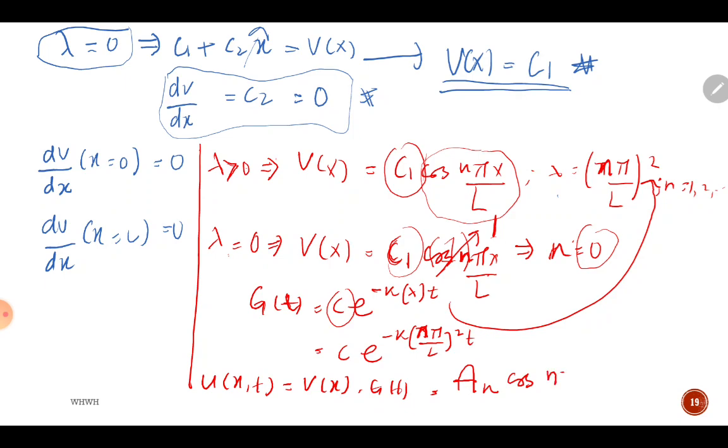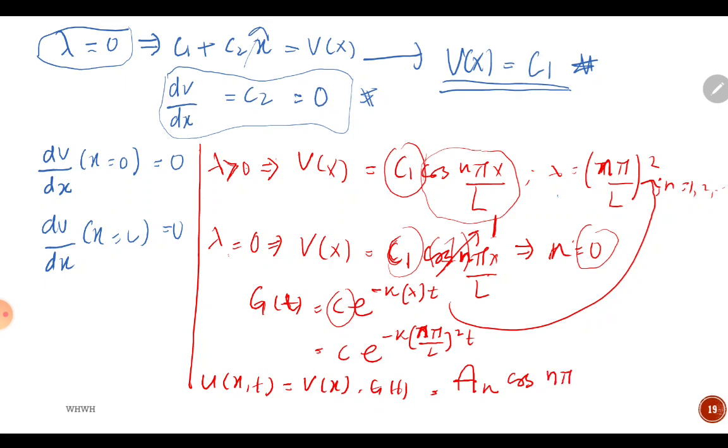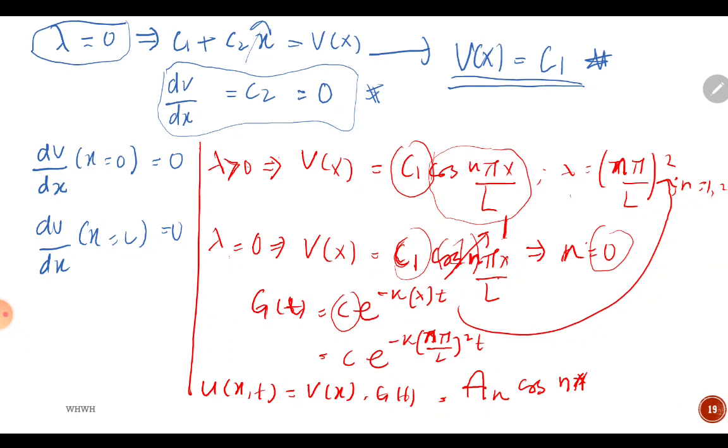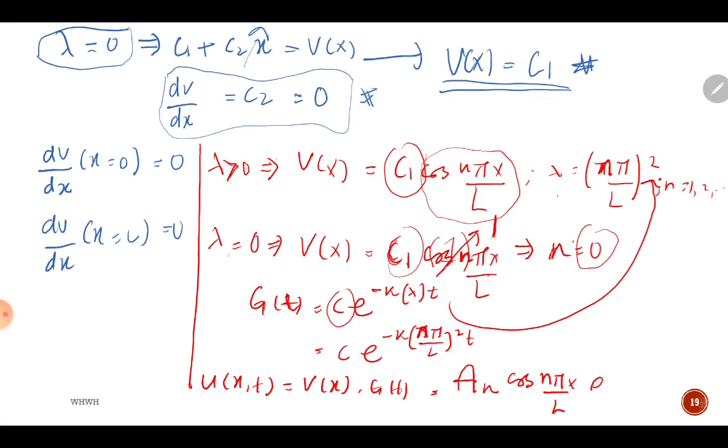So here is cos n pi x over L darab dengan e to the power of minus k n pi over L square t.